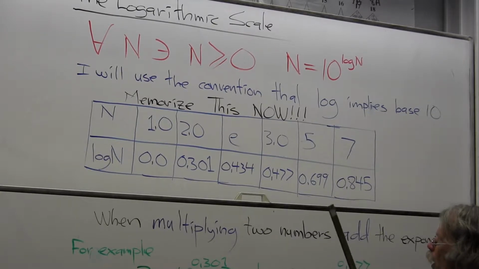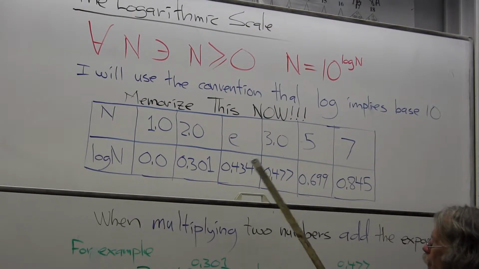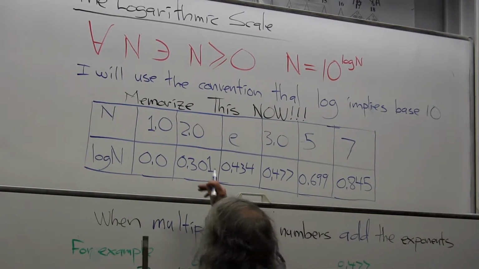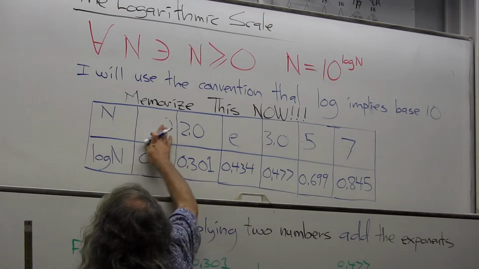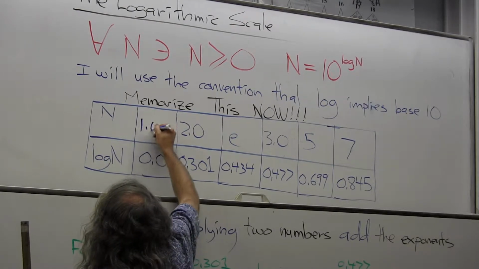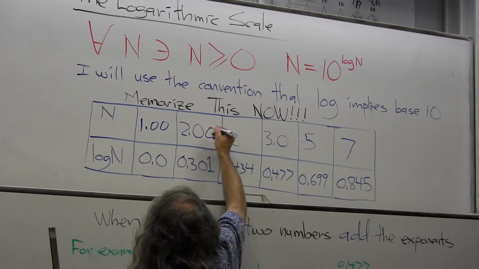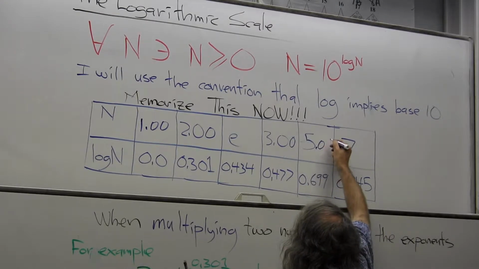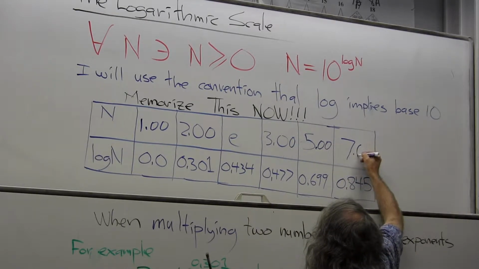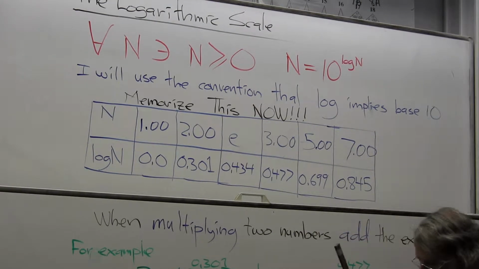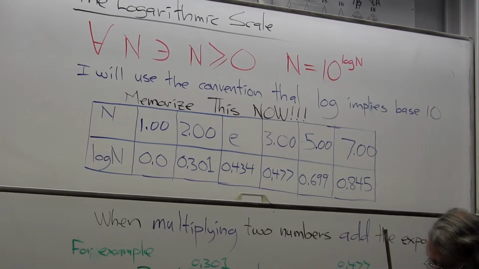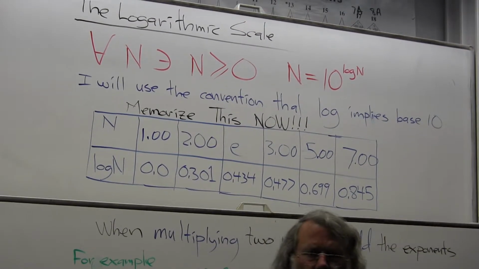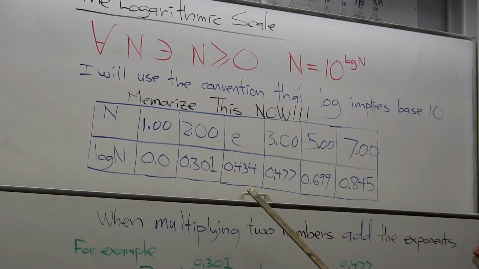And I should probably include that I'm going to use 3 significant figures, so this should be 1.00, 2.00, e, and 3.00, 5.00, and 7.00, because I don't want you to memorize these logs any further to the right of the decimal.